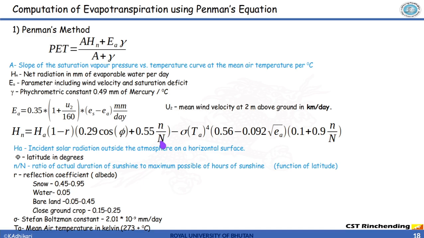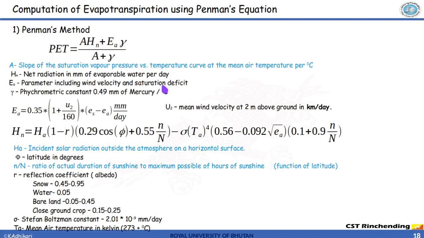This n/N is a ratio of actual sunshine divided by maximum sunshine over this latitude, and sigma is the Boltzmann constant. Temperature is in Kelvin, which is raised to power 4. We have to notice that the temperature here we have to substitute in terms of Kelvin. And ea is the actual vapor pressure of the air.